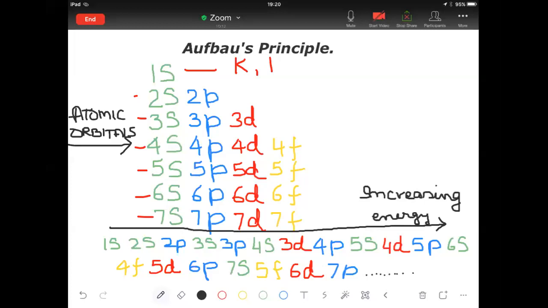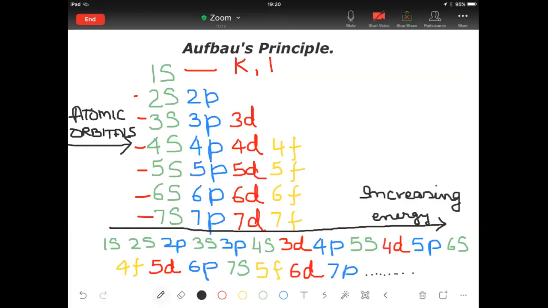This overlapping becomes more and more complicated at higher energy levels, and it becomes difficult to write the orbitals in order of their increasing energy.